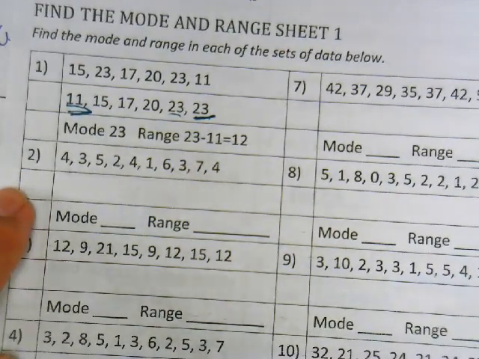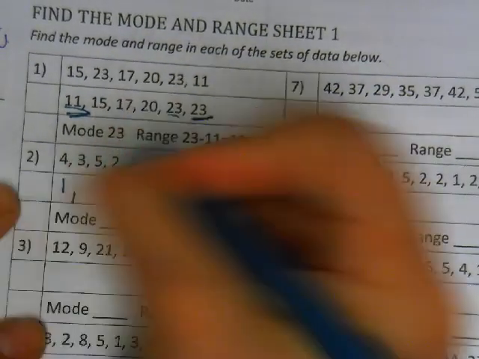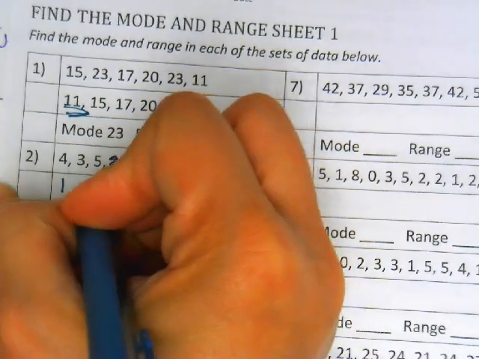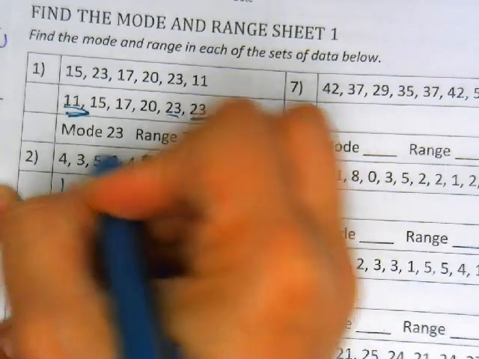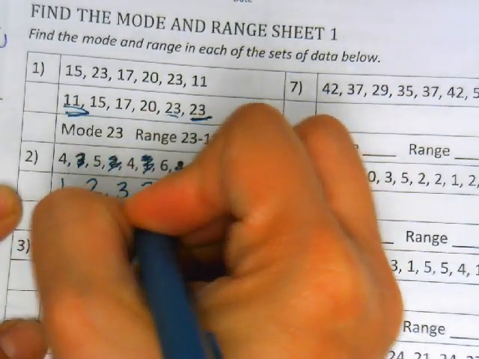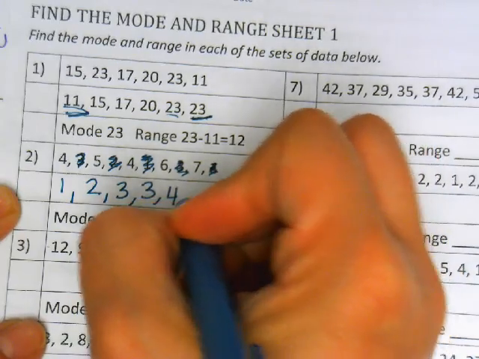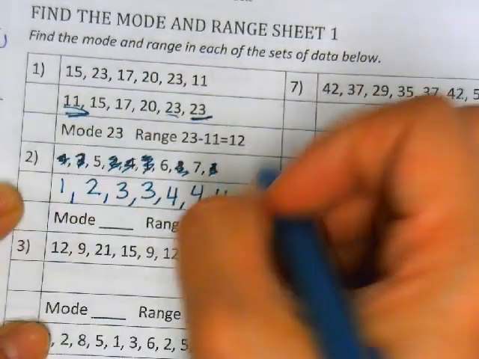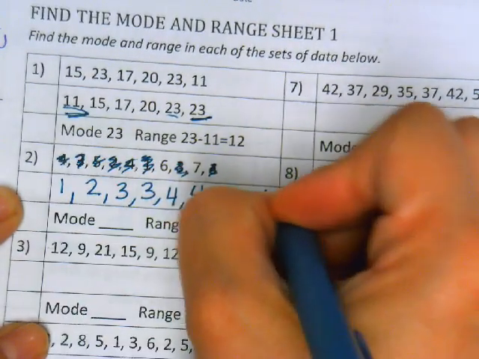Okay, so let's do number 2. What's the first thing we should do? Put them in order. So 1, 2, 3, 4, 5, 6, 7.